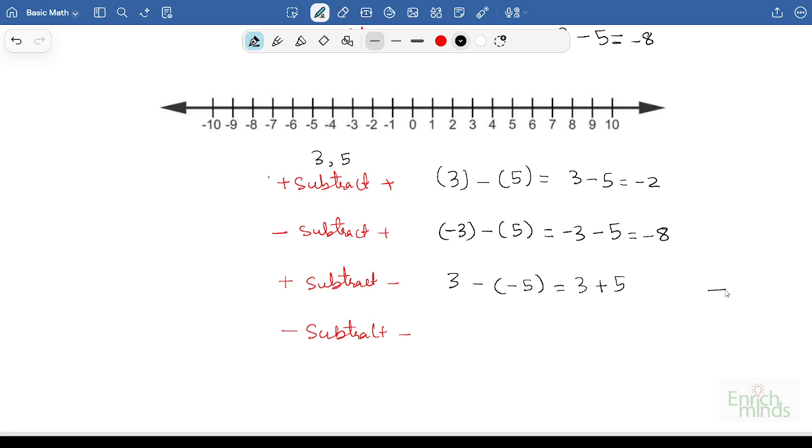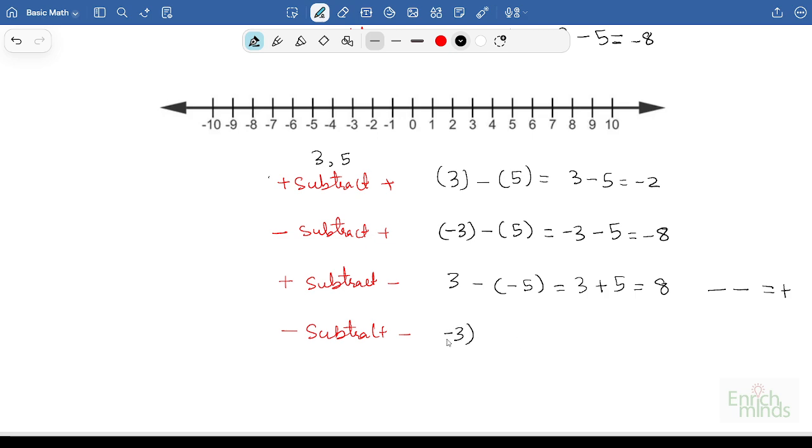Because when minus and minus signs reside together, or they are adjacent to each other, we add them actually. It's an addition problem. So we add 5 to 3. When we add a number, we move forward on the number line. So the answer will be 3 plus 5 is 8.